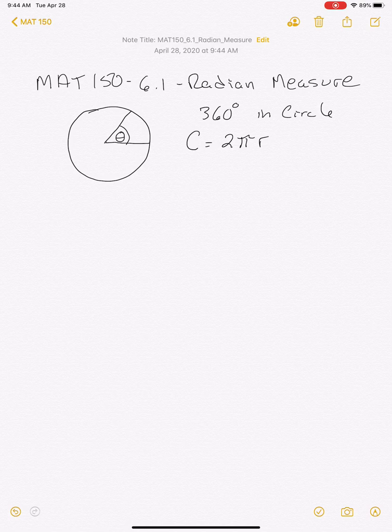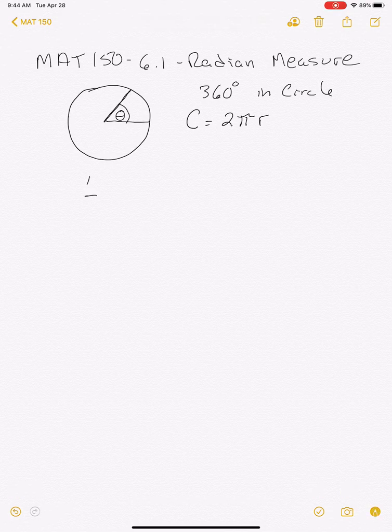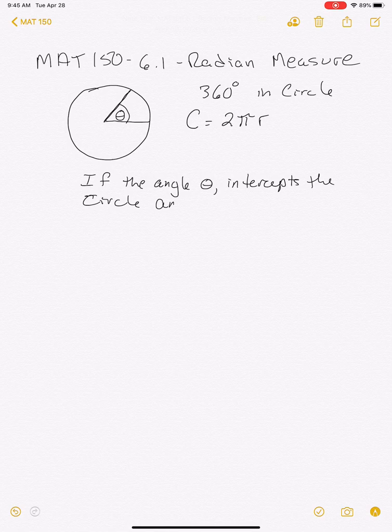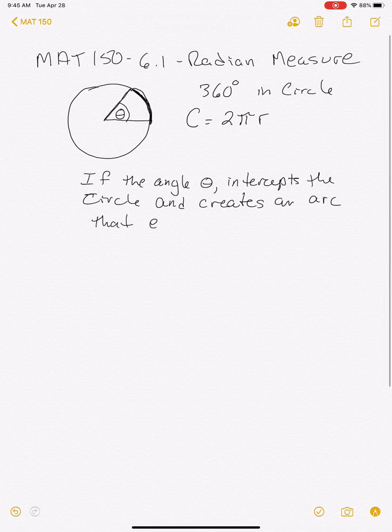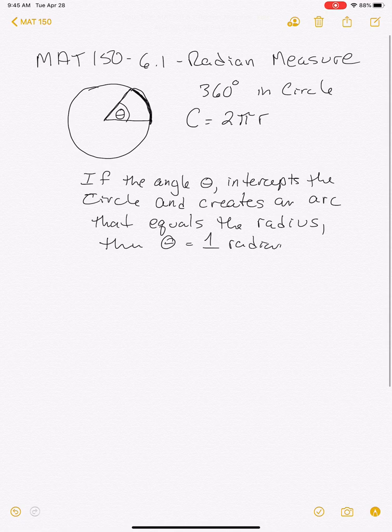So, in essence, 1 radian: if the angle theta intercepts the circle and creates an arc, this arc here, that equals the radius, then theta equals 1 radian.